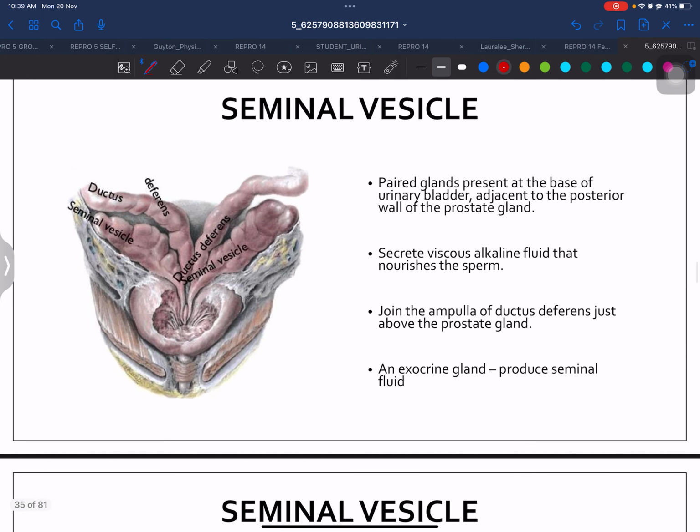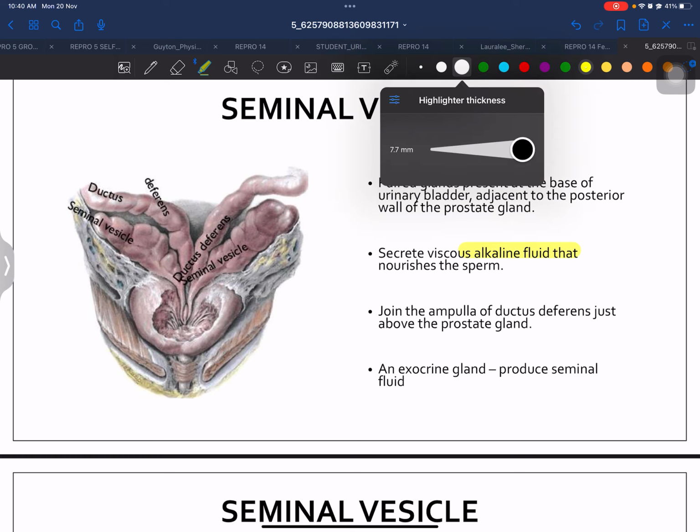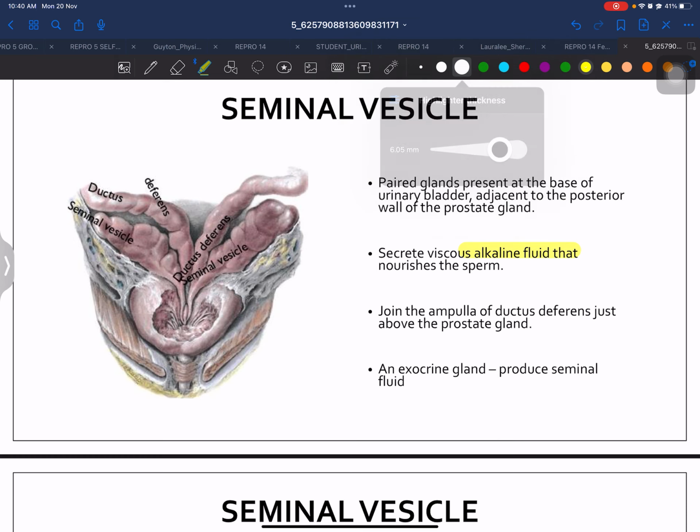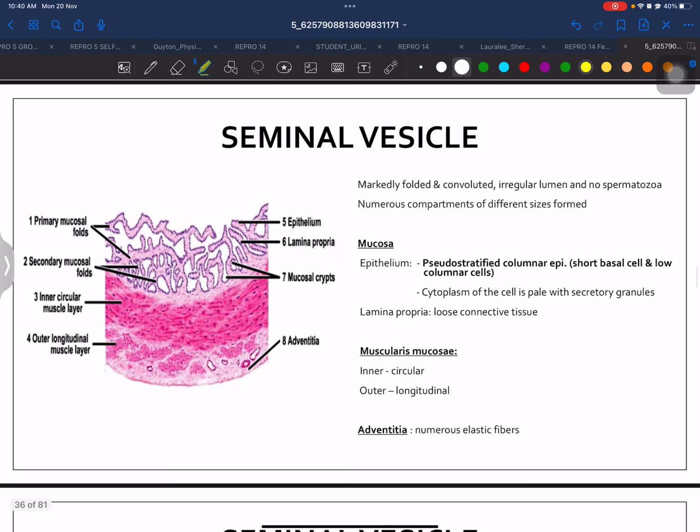The seminal vesicle secretes a viscous alkaline fluid which contains nutrition for the sperm. It prepares the sperm with very high energy nutrition, for the sperm to meet the ovum. It has a very long journey, so it needs very high nutrition.